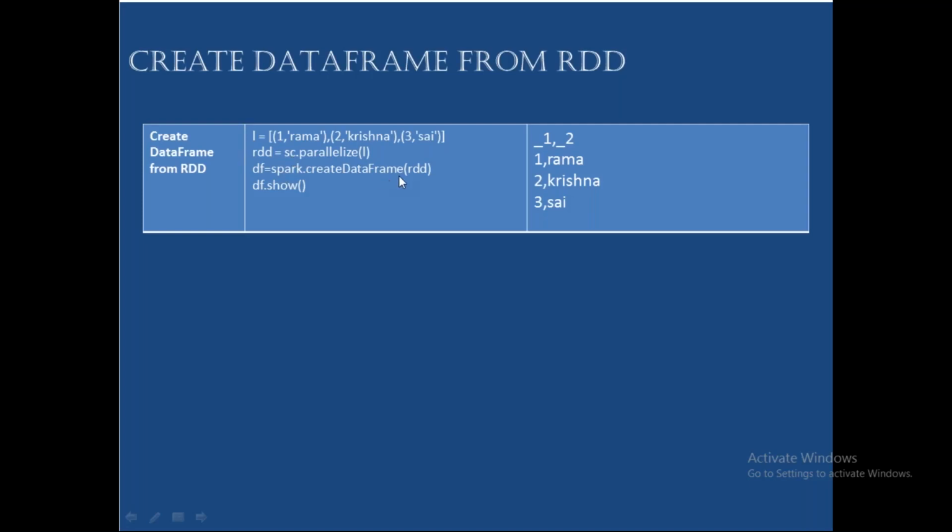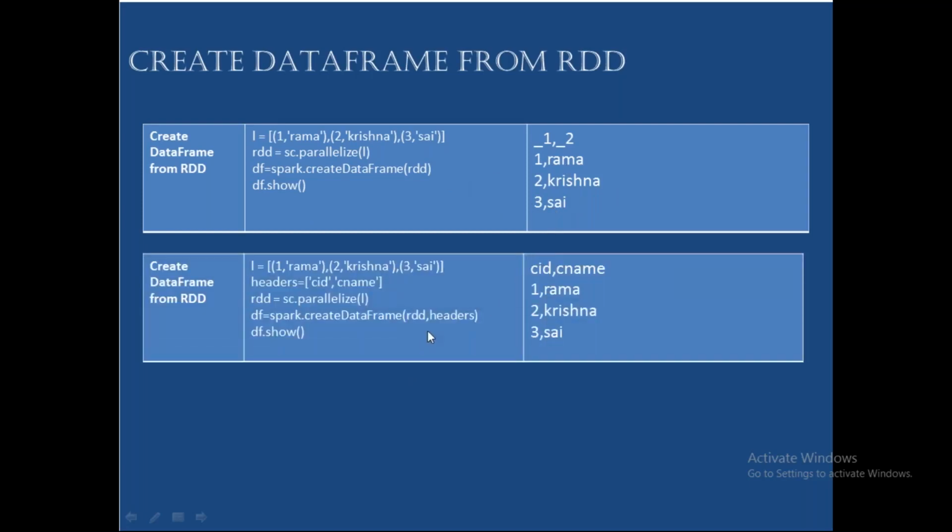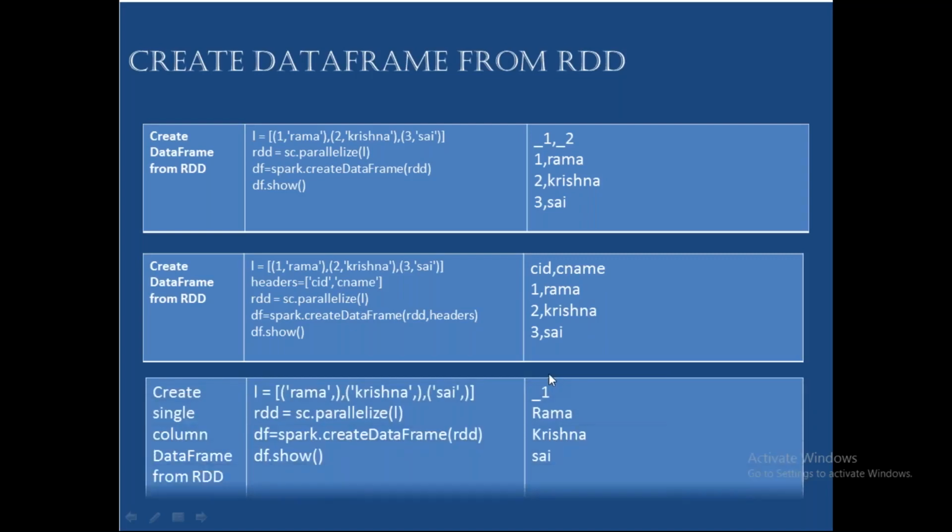This function will generate the data frame. When you say df.show, it will show 1, Rama, 2, Krishna, 3, Sai, but there are no headers. If you want to provide a header, you can provide the second argument as header equals CAD CNAME. Now you are getting CAD CNAME, 1, Rama, 2, Krishna, 3, Sai.